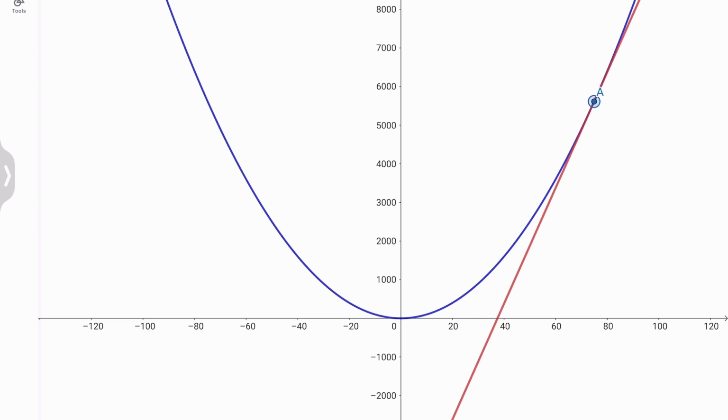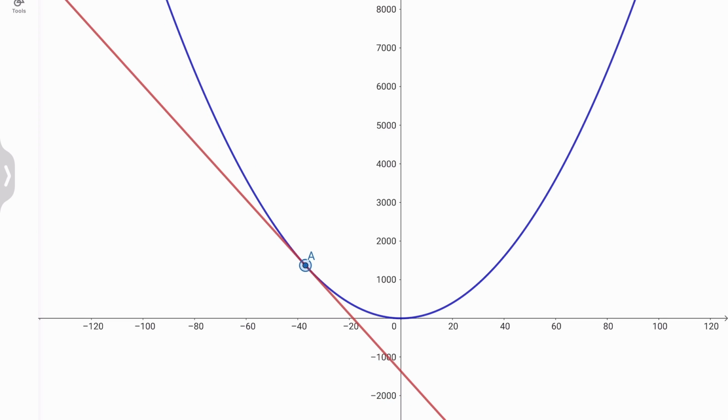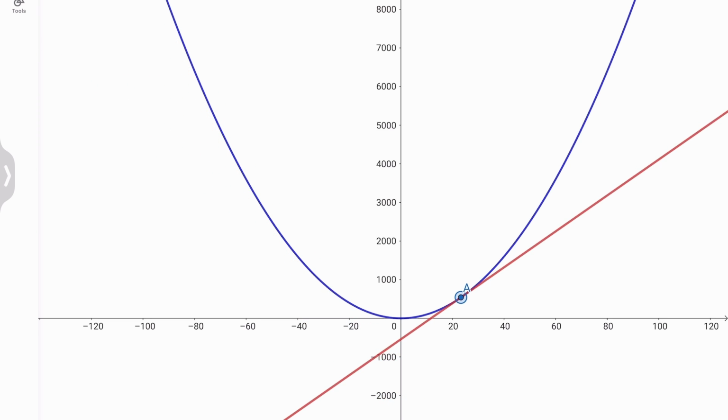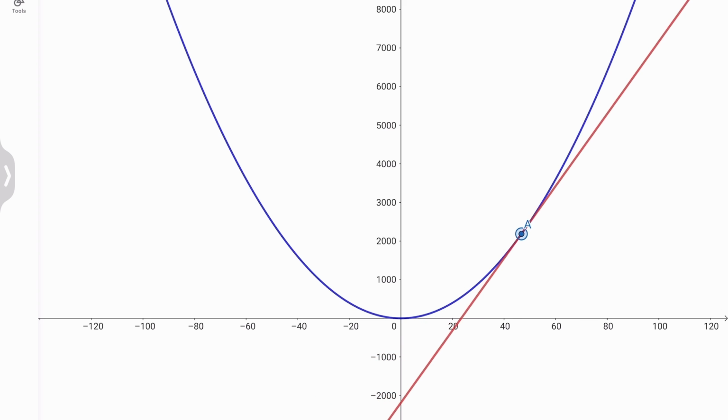If we go back over to the left, you can see that the gradient of a tangent is negative, but it continues to become less steep, or it continues to increase until it becomes positive and again continues to increase further. So the gradient of this tangent is always increasing as we move along the x-axis.